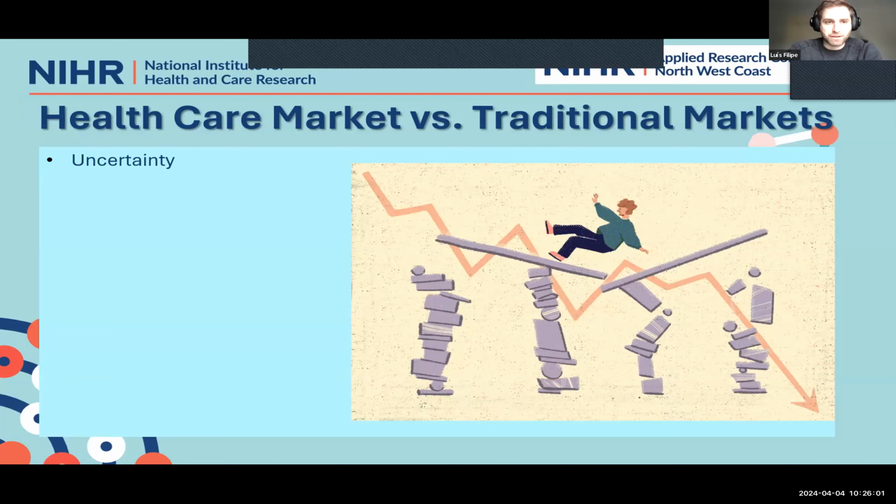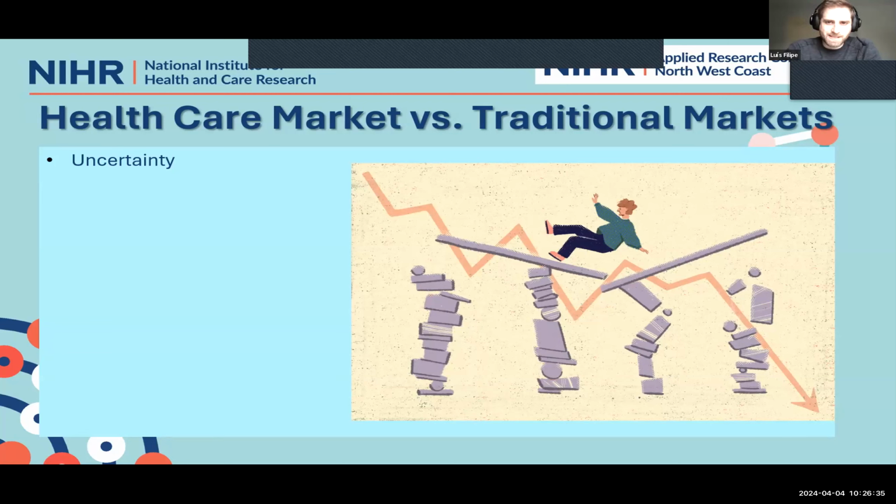For instance, uncertainty. There's a lot of uncertainty in the healthcare market. You never know when you are going to get sick, for example. So your demand for healthcare is quite uncertain in itself. Also, if you get sick and you go to your doctor and your doctor prescribes you some treatment, you are not sure the treatment is going to work.